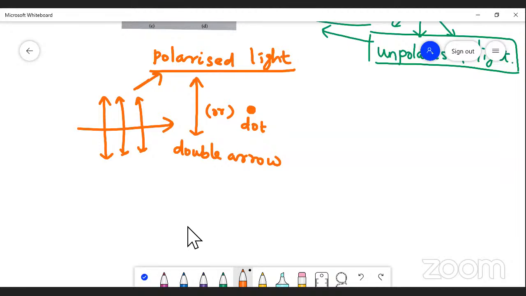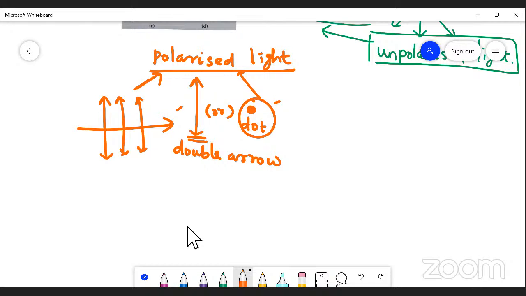Okay, right. And second, the dot. The dot also represents the polarized light. But in this light, the vibrations occur in only one direction, which is perpendicular to the plane of the whiteboard. Okay, but both the double arrow and the dot represent polarized light. So double arrow represents the vibrations of a polarized light occurring parallel to the plane of the board.